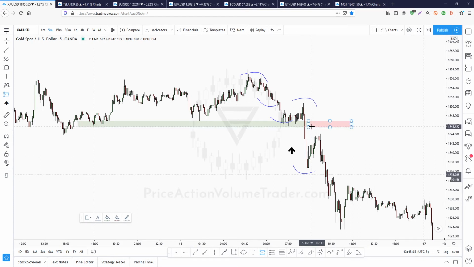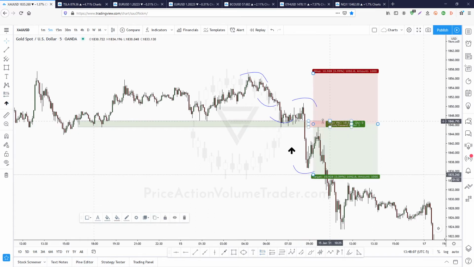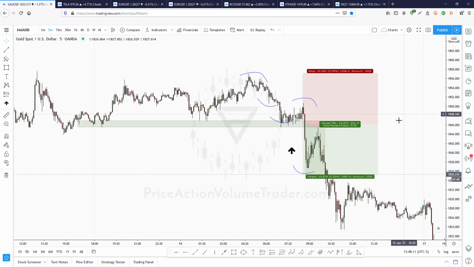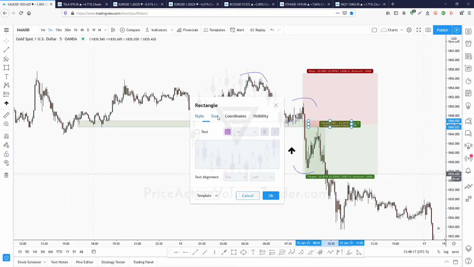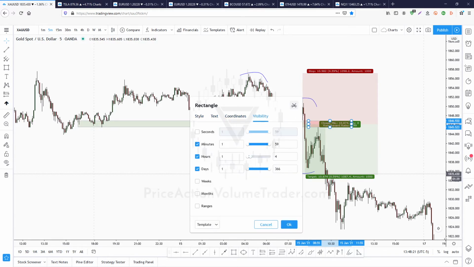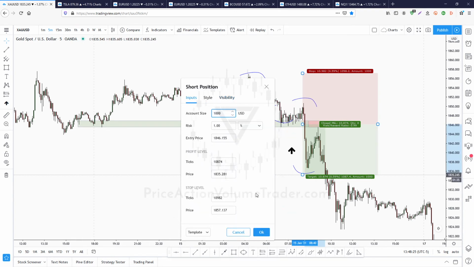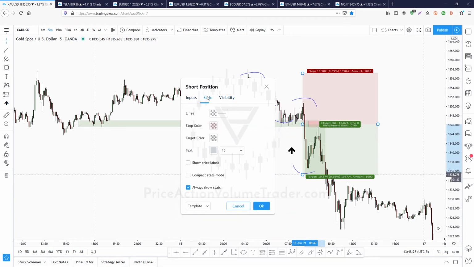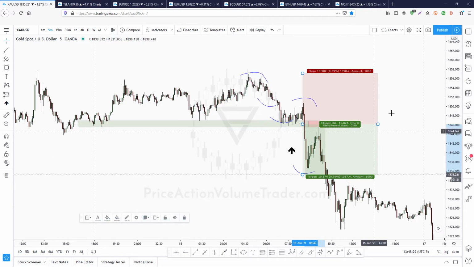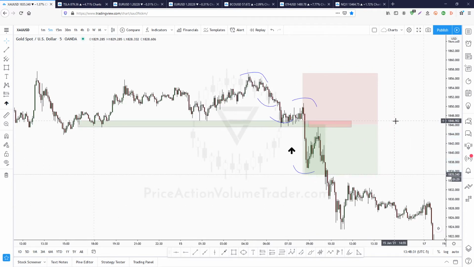If you had been conservative and put your entry here in the middle, you might have missed the entry. Let me just take off these signs over here. So you might have missed the entry.